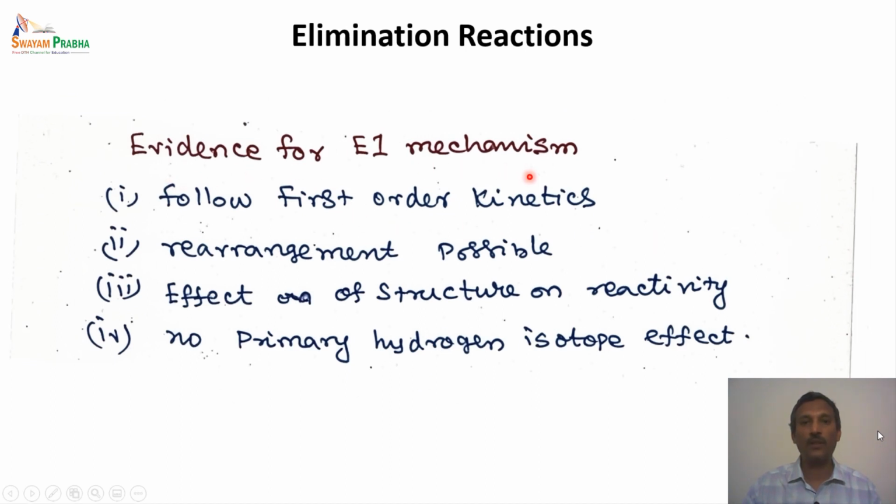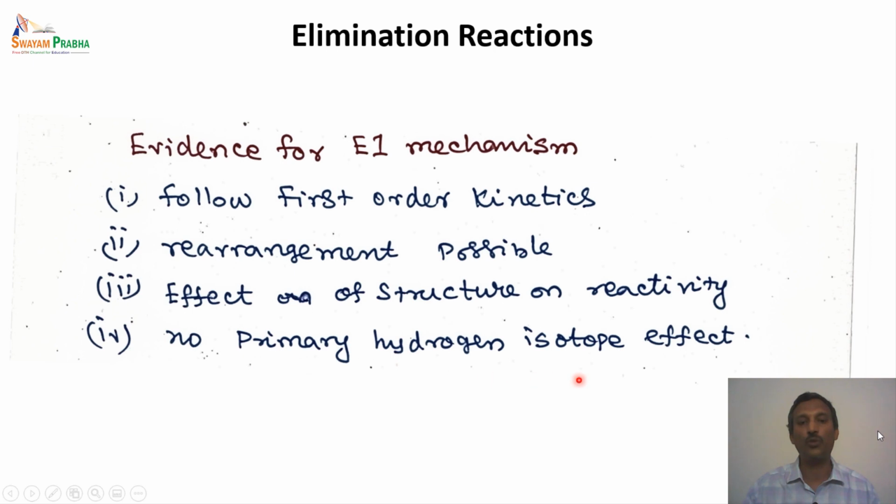Let us look at some of the evidences for the E1 mechanism. It follows first order kinetics. According to the rate law, the rate depends only on the alkyl halide. The second one, rearrangements are possible because the carbocation can undergo rearrangement. Then the effect of structure on reactivity, and no primary hydrogen isotope effect is involved, because in the rate determining step the CH bond is not broken, unlike the E2 mechanism.